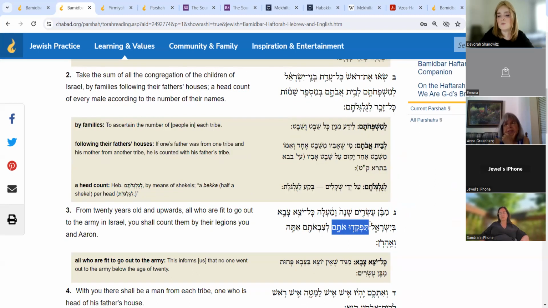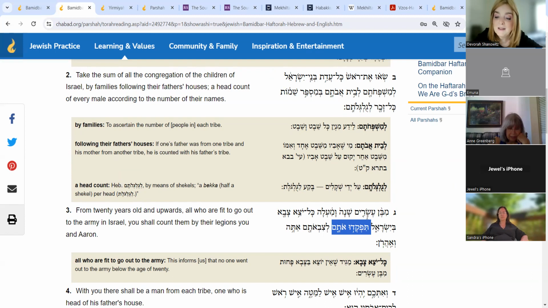Tifkedu means to count, but what does tifkedu also mean? Lifkod. Does anyone who's familiar with Hebrew know? Redeem. What else? Lifkod also means to appoint. In biblical Hebrew, it's to appoint. Lifkod also means to remember.